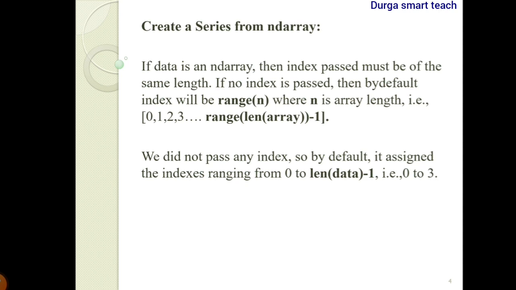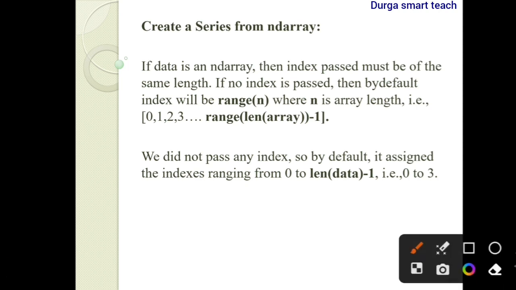Next, create a series from ndarrays. If you want to create a series by using arrays, then if data is an ndarray, the index passed must be of the same length. The number of index values must match the number of elements.